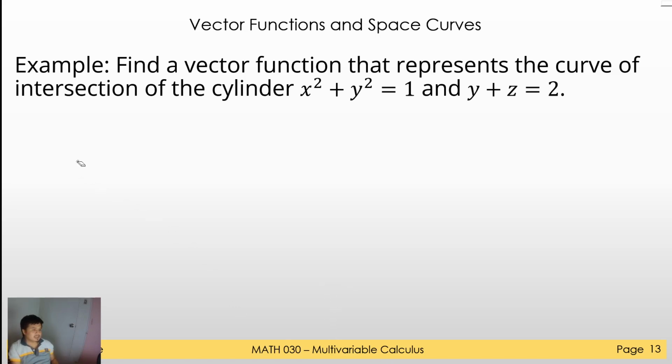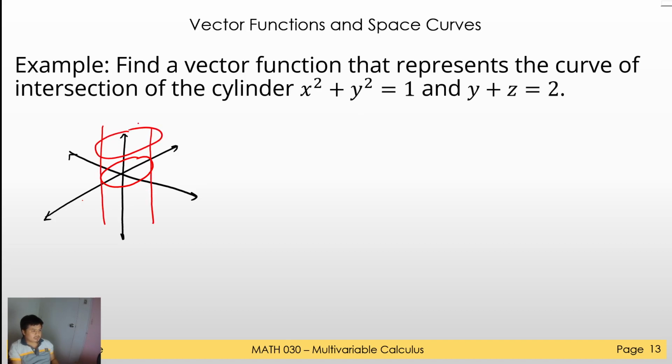So how do we do this? How do we draw this? We already know how to draw this. We have here a 3D space. Then the cylinder here will be just this, with this cross section, a circle. What we're trying to find is its intersection with the plane.